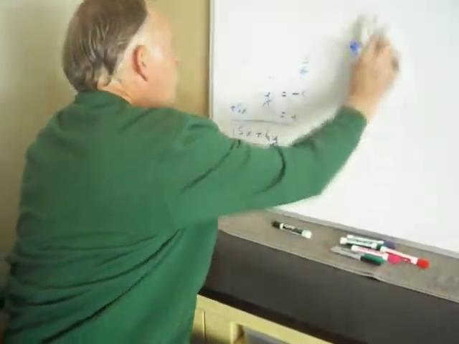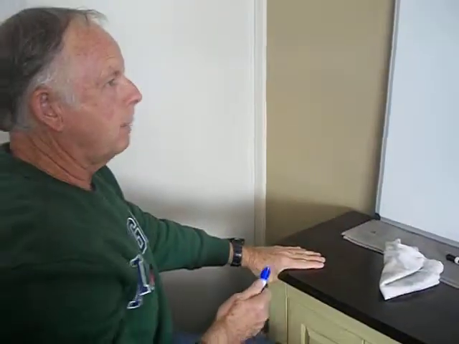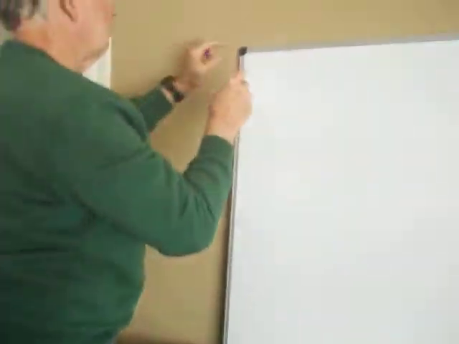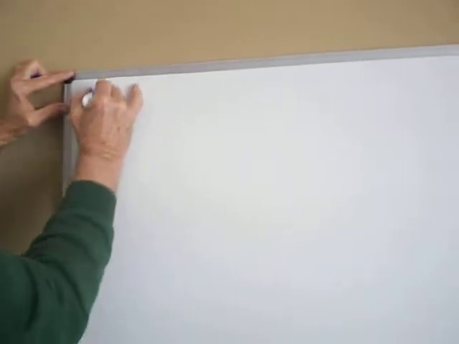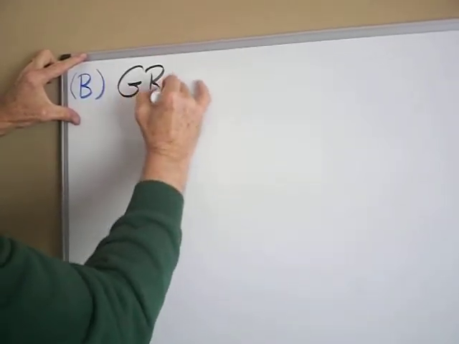is also going to be making use of the slope-intercept form. Here's letter B. The key word is graphing.